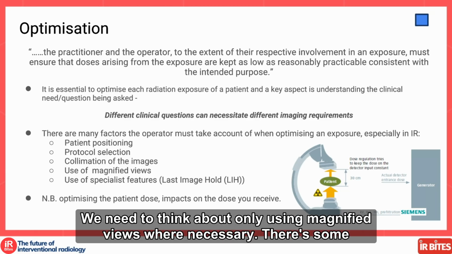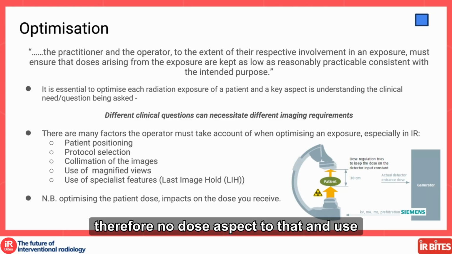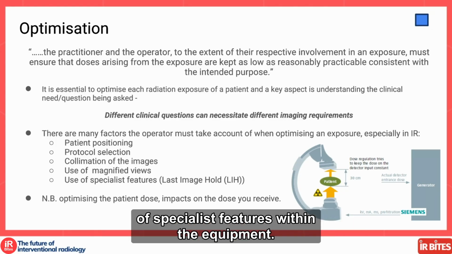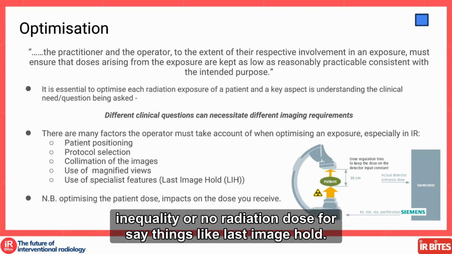We need to think about only using magnified views where necessary. Some equipment has particular settings to do a digital magnification, and therefore no dose aspect to that. And use of specialist features within the equipment, so things like recursive filtering and last image hold, can lead to improved image quality or no radiation dose for the same thing, like last image hold.